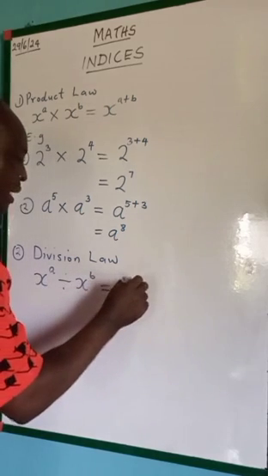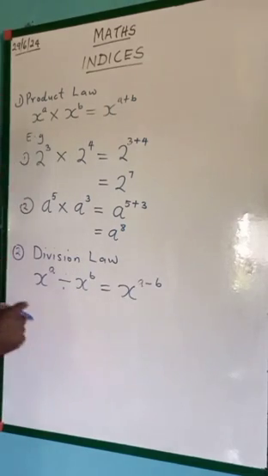That will give us a minus b. So that is what the law says concerning the division law of indices.